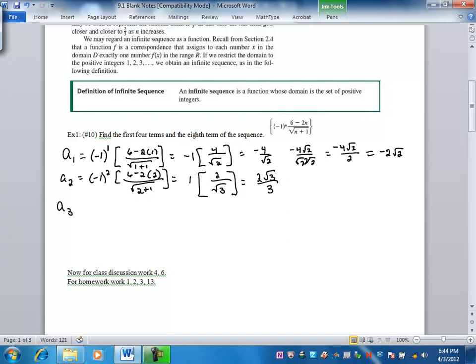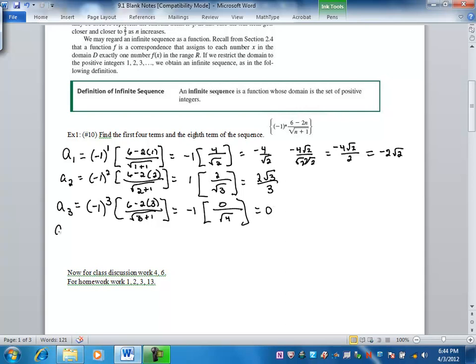The third term, a sub 3: -1 to the third, times 6 minus 2 times 3, divided by the square root of 3 plus 1. So we've got -1. Here's 6 minus 6, which is 0 over the square root of 4. So we have 0 for the third term.